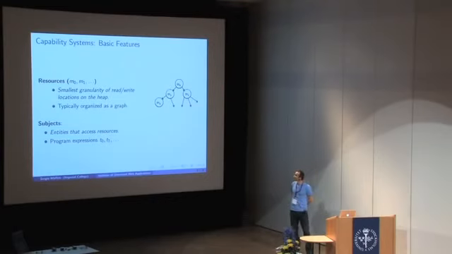So essentially, we look in the heap whether one can read or write a location. And normally, these resources are organized as graphs. And so if a resource in memory contains a record addressing other resources, then in the graph we will have edges going from the record to the other resources. The subjects are the pieces of a program that may manipulate resources, address them, and read or write them.